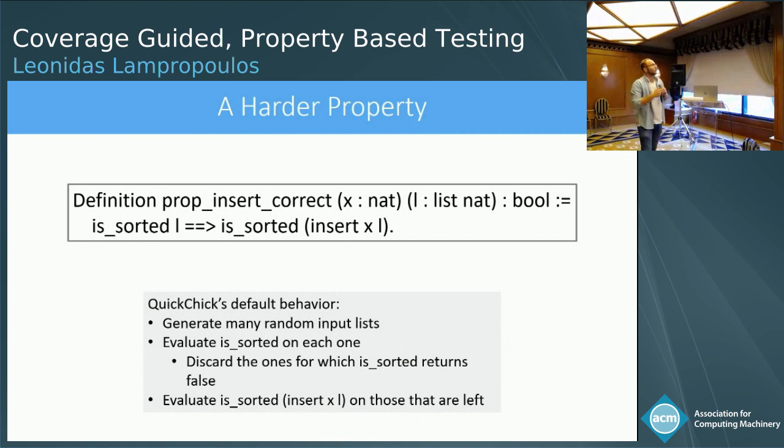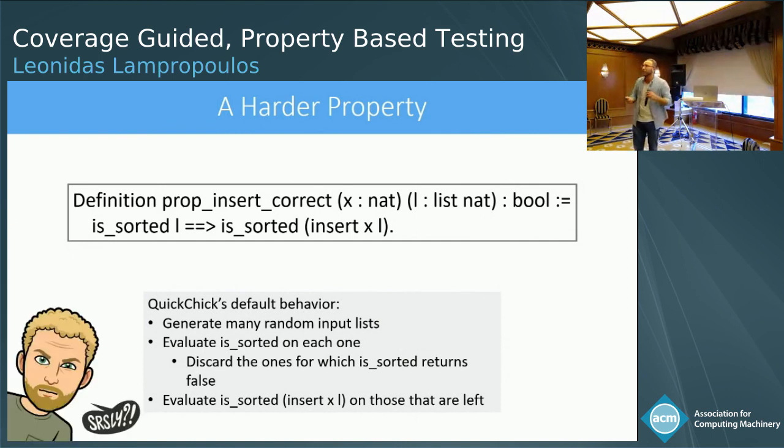The default behavior for QuickCheck and most property-based testing tools will be that we generate random lists, test if the precondition holds, if the list is sorted, and if it's not sorted, we're just going to throw it away because the entire property vacuously holds. It's satisfied trivially. So the interesting part of the property, the insertion, is only going to be tested if the precondition is satisfied. And now, as we go to harder and harder preconditions to satisfy, this is not going to lead to efficient testing, right?